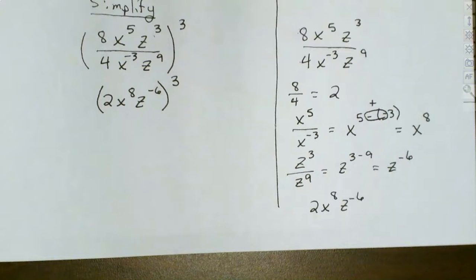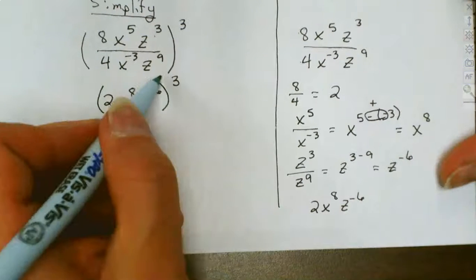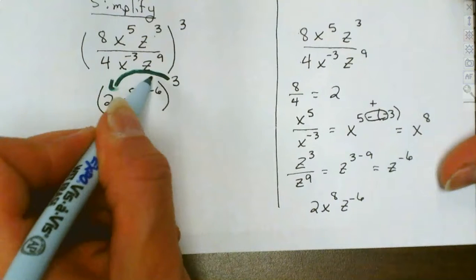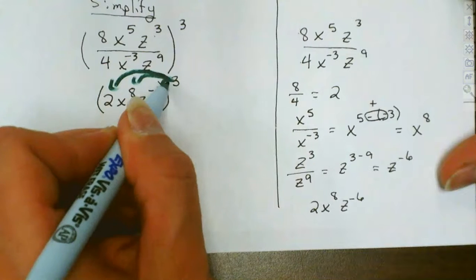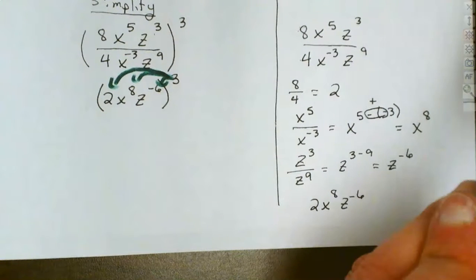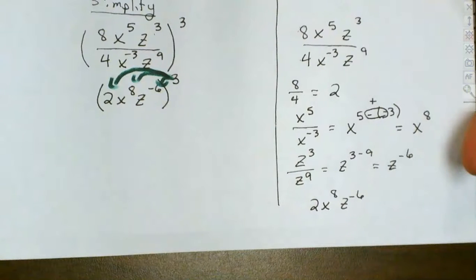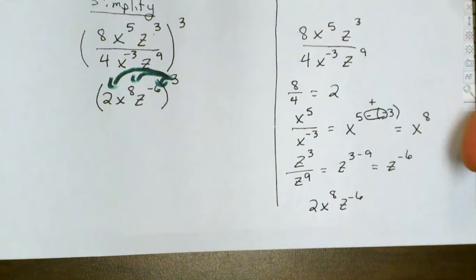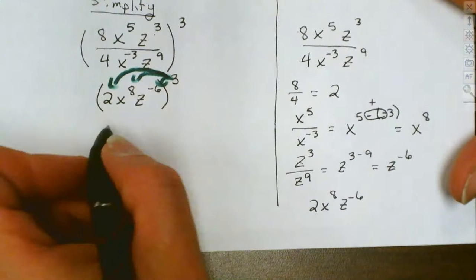Now what can we do? Now we can go ahead and distribute that 3 through. And when we distribute that 3 through, we're using our power rule. So that means then that the exponents multiply. So what do we have now?